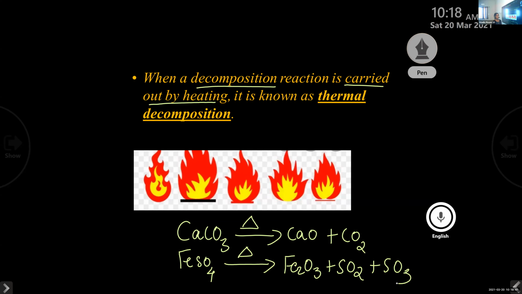These two are examples for thermal decomposition. Why is it called so, thermal decomposition? Tell me. The reaction is carried out by heating. Yeah, the decomposition reaction carried out by heating is known as thermal decomposition. These two are examples for thermal decomposition. Okay, this is clear.